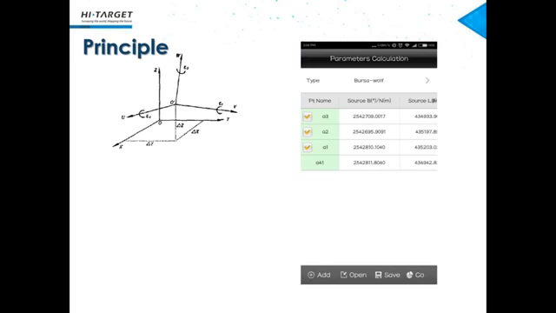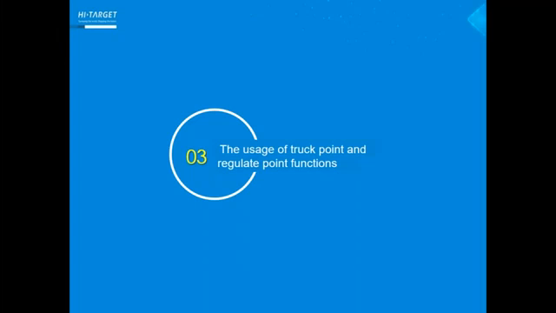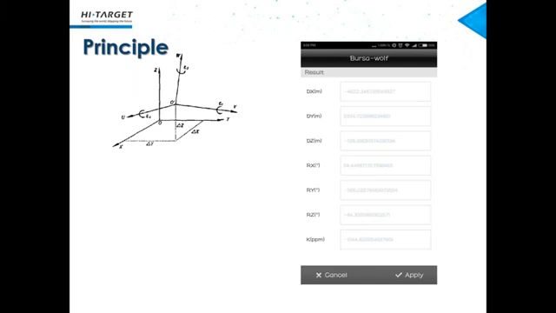In the right-down console, we can get the results, and we press apply. So here are the steps of 2D Helmert parameters calculation and Bursa-Wolf parameters calculation in HiSurv.